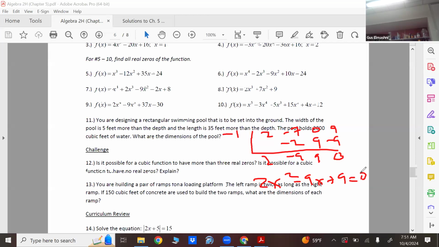Or you can do the quadratic formula. You could use the quad form if you want.